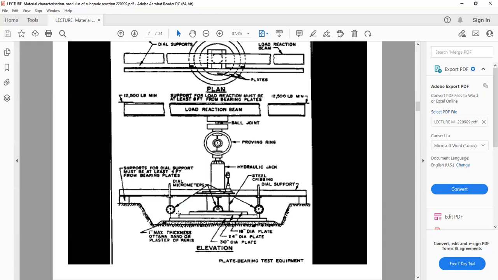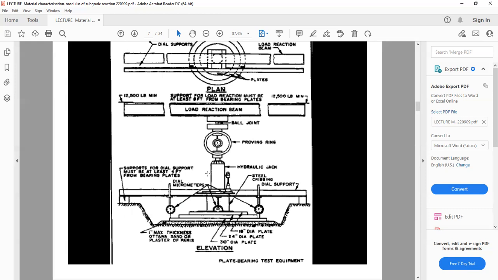Then we have a frame that is rested on the ground and is connected to the dial gauges. Over this plate, they have to be leveled again, so we have this support at both ends.